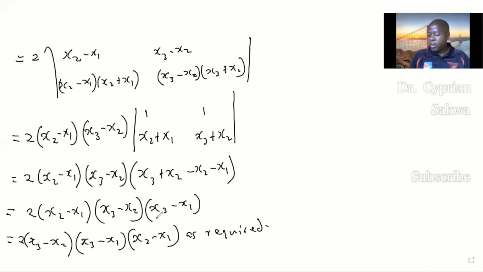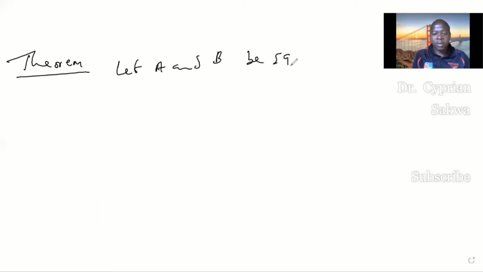Now I want to look at the last concept in our discussion today, and I'll begin with a theorem that I will not prove because its proof exists. The theorem is: let A and B be square matrices of equal size.